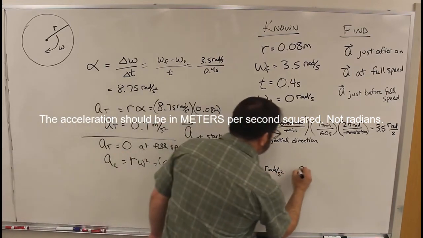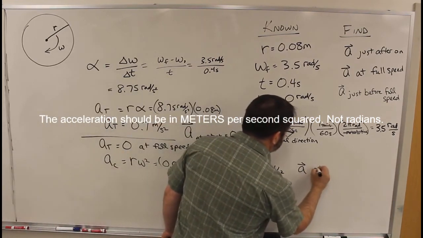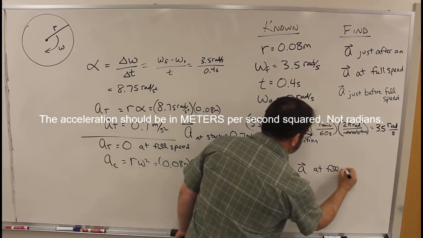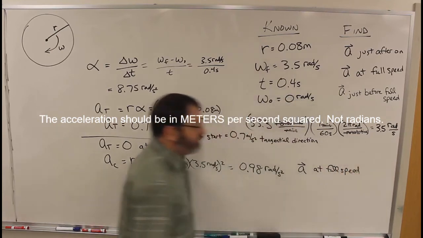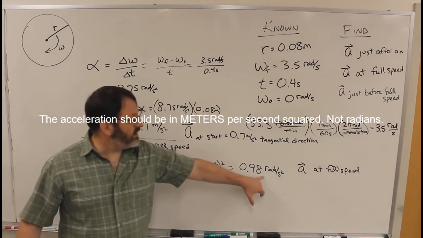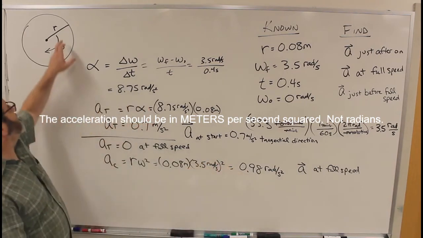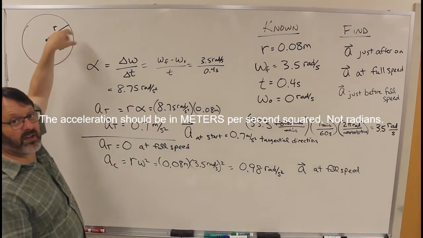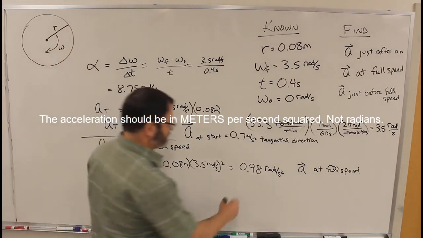So that is A at full speed. Okay? So 0.98 meters per second squared in the centripetal direction toward the center.